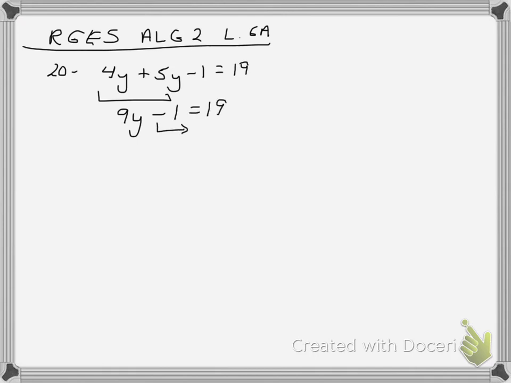You would take your constant to the other side by adding 1 to both sides. 9y equals 20. And then you would divide by 9. y equals 20 over 9. And that does not simplify. And so that is your answer.